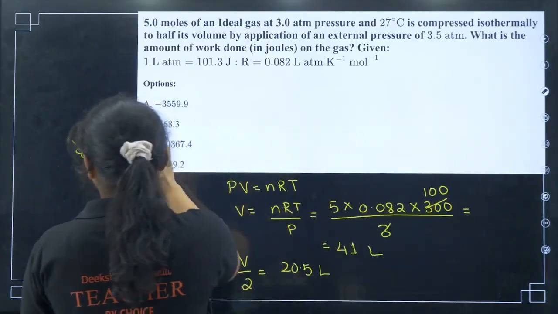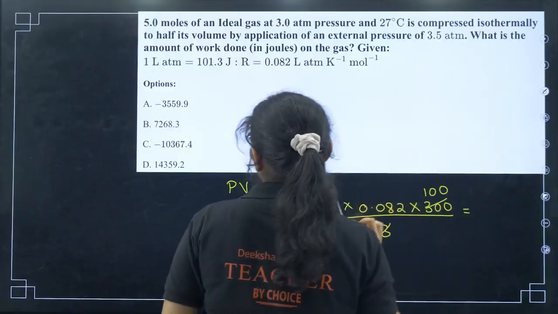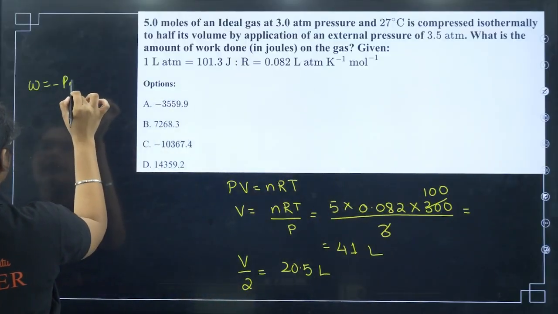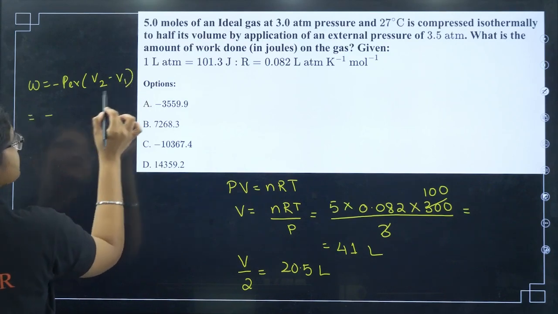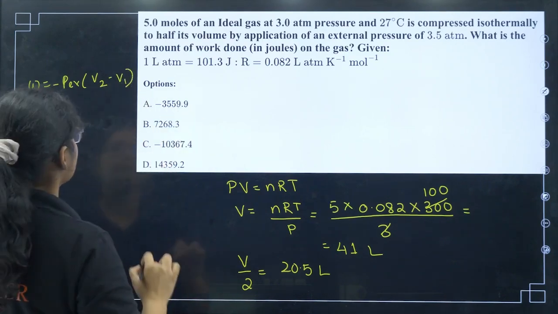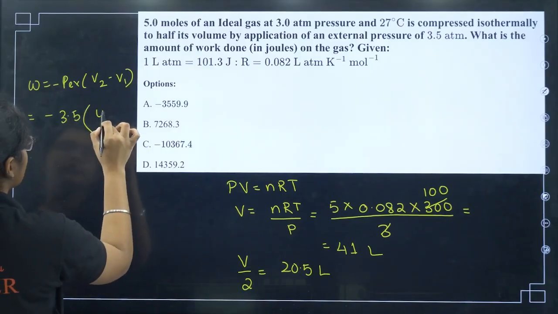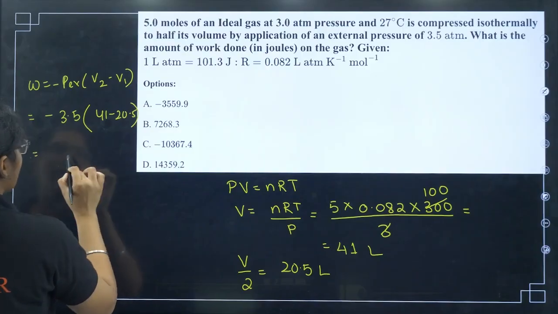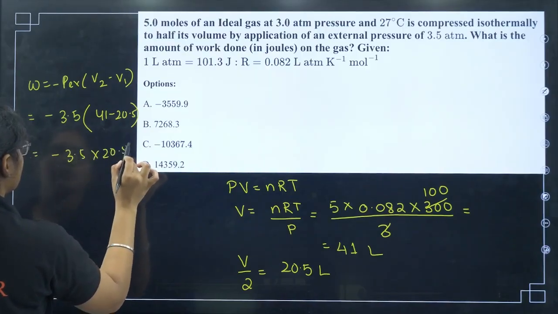So now I can calculate the work done. What is the work done here? Work done will be minus P external times V2 minus V1, right. So P external is how much? Given to me, 3.5 atm, multiplied by 41 minus 20.5, which is another 20.5, right?